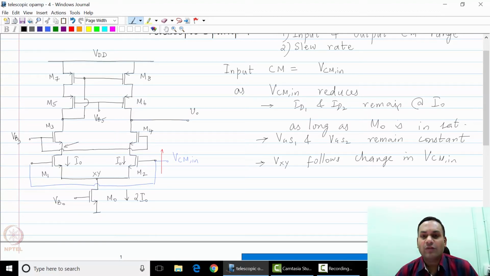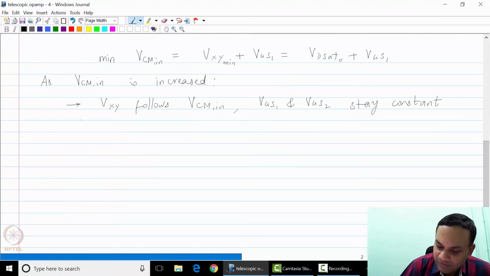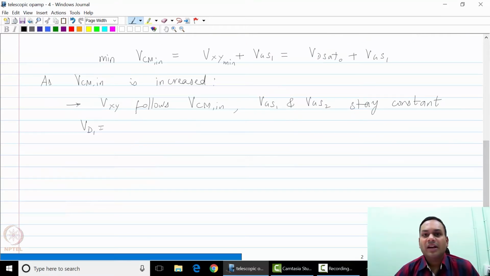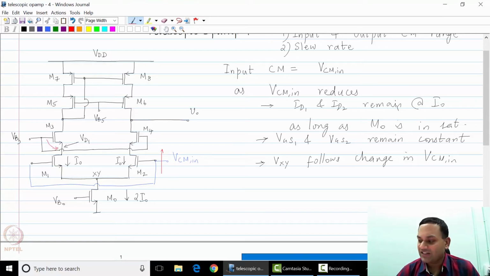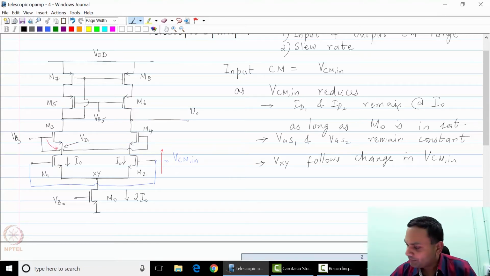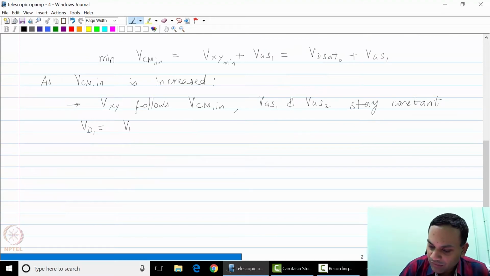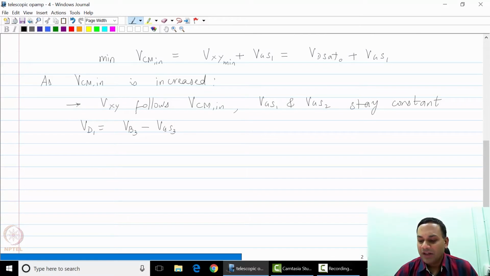Now please note that the voltage at the drain of M1, which we shall call VD1, is biased. VD1 is actually at a voltage equal to VB3 minus VGS3, where VGS3 is calculated at a current I0.